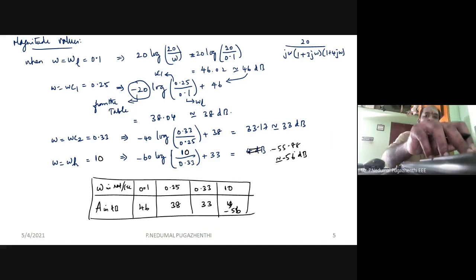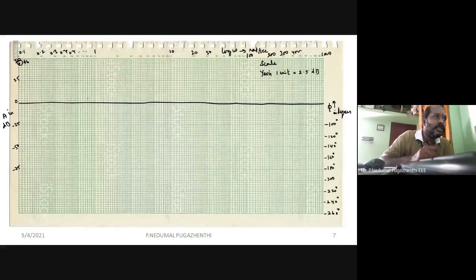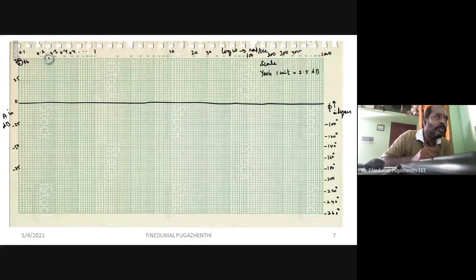My second point, 0.25, the value is 38. So 0.25, where is it? This is 0.2. Okay, this is 0.21, 22, 23, 24, 25. So this is my 0.25 line. Okay, this line.